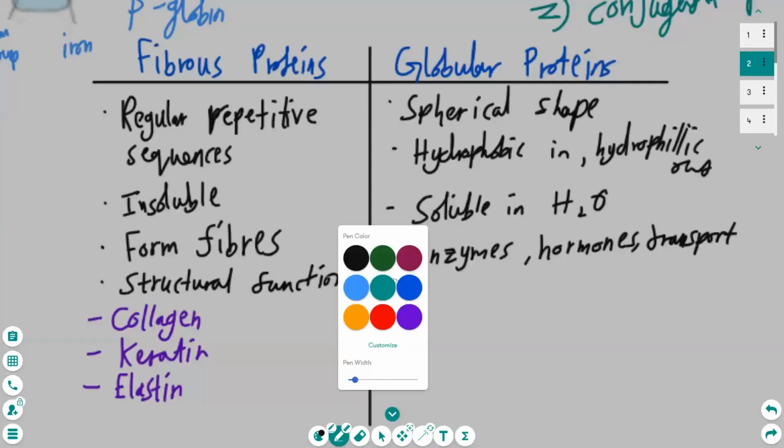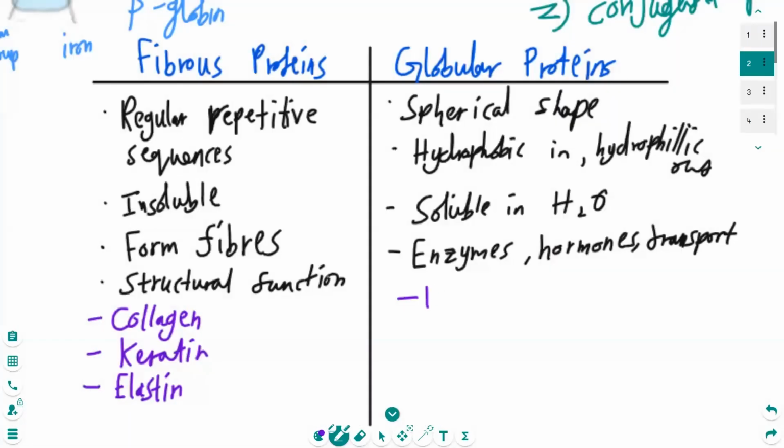So the examples we talked about are hemoglobin, insulin, which is a protein hormone used for regulating blood glucose levels, and pepsin. Pepsin is an enzyme that digests proteins in the stomach.